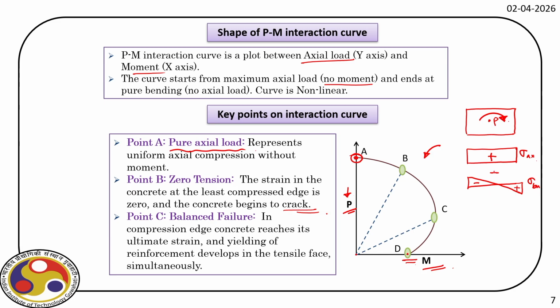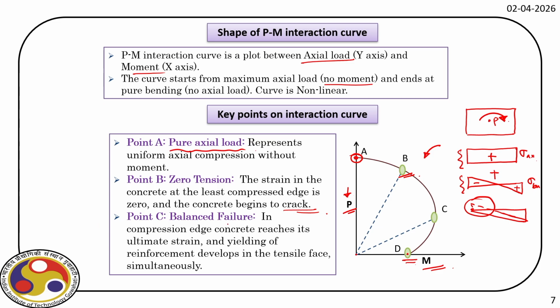So when we combine these two, we'll have the combined effect. So depending upon the values of these two stresses, it may start with 0 and be purely positive, or it may end up with this type of situation where you have this region under tension. So point B is the case where we have zero strain, right? That means it is here.